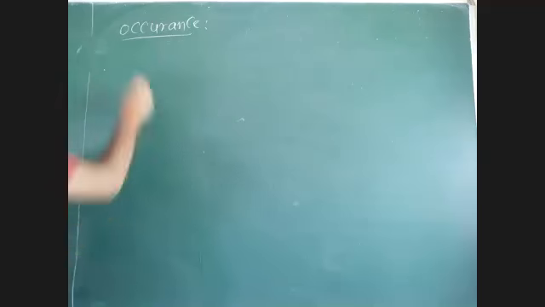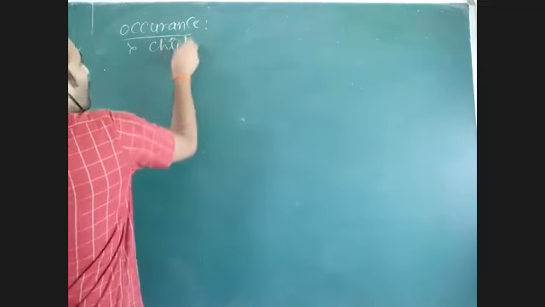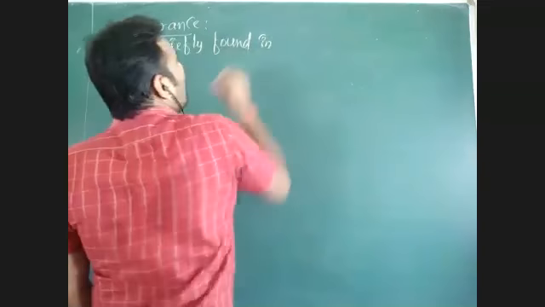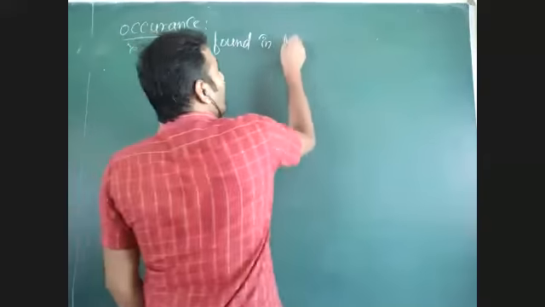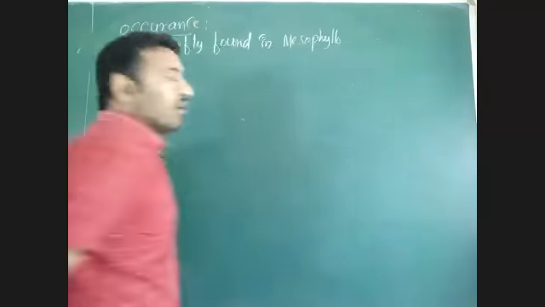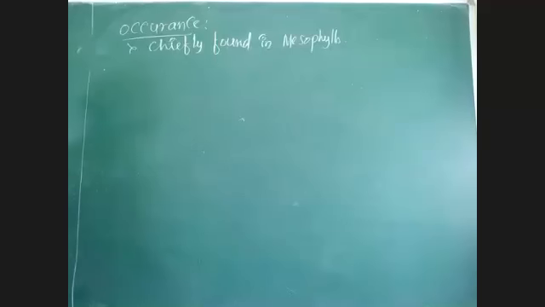Anyway, see occurrence. Here, just now I told you where chloroplasts are present, chiefly found in mesophyll cells. When I told you the prokaryotes and eukaryote comparison, I told you chlorophyll is present in chloroplast of eukaryotes, whereas in prokaryotes chlorophyll is present in the form of chromatophores, not carotenoids.